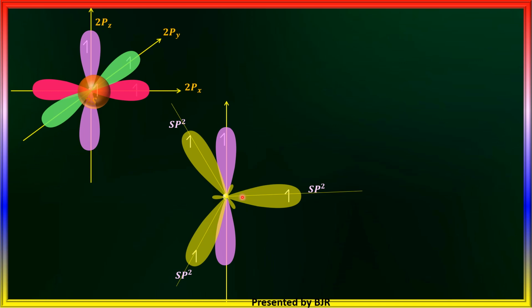So this is the hybridization process. So after carbon undergoes hybridization, there are three sp2 hybrid orbitals containing one unpaired electron in each orbital, and there is one unhybridized orbital called 2pz orbital, and that also contains one unpaired electron.